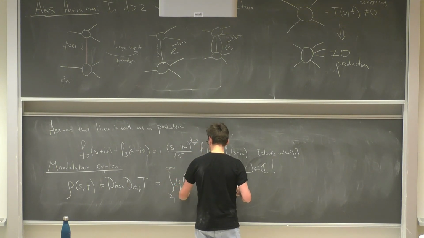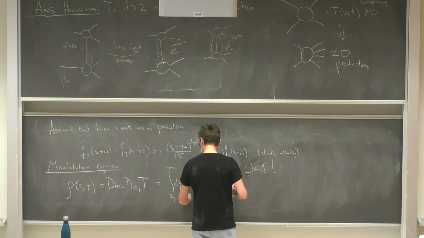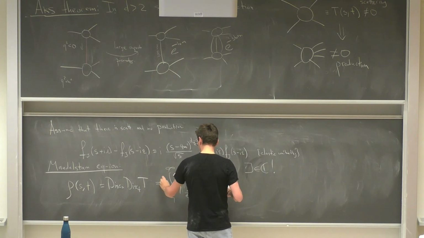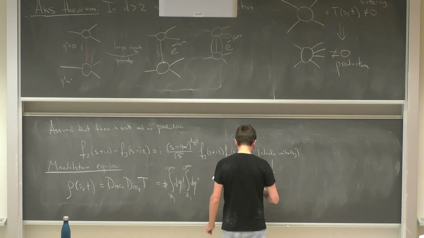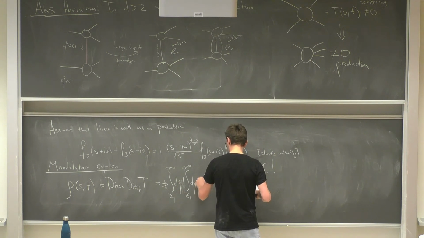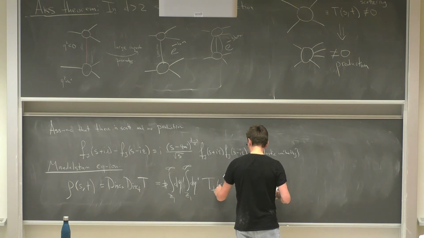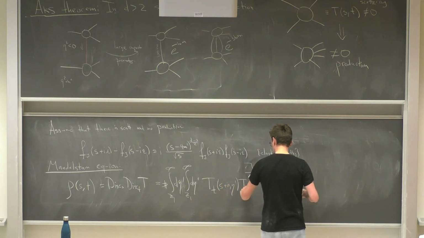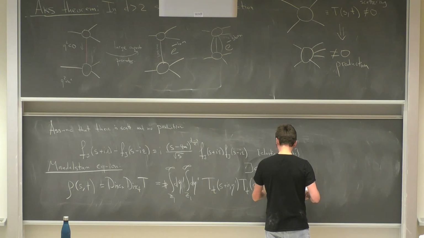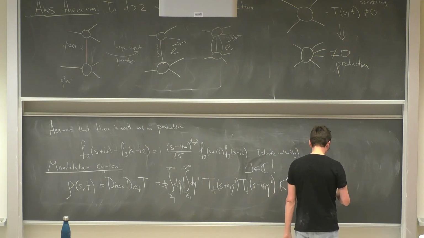So some lower limit, with some factor, it's in the notes. What's important is that you have some discontinuity of t. You have this sign. Here you have some kernel.